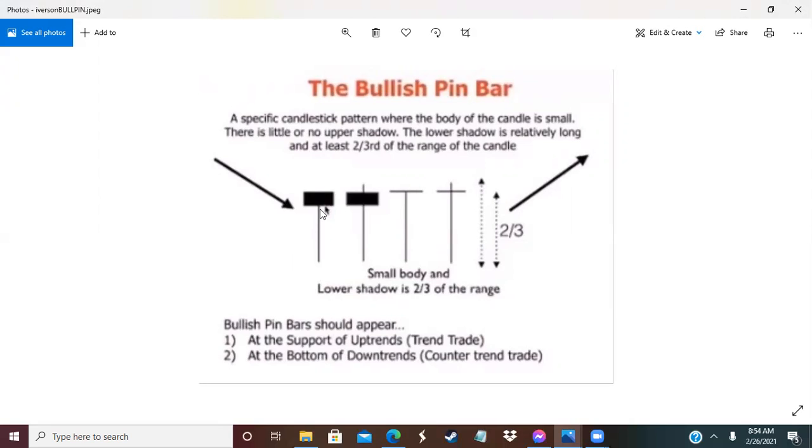And just to give some information about why we believe there's going to be a reversal, so that there's some real understanding here. This wick indicates that the price attempted to go lower. It reached the low that it could, and then it was driven back up. All right, and because it was driven back up, we kind of think that the bears, the guys pushing the price down, don't have control of the market anymore.